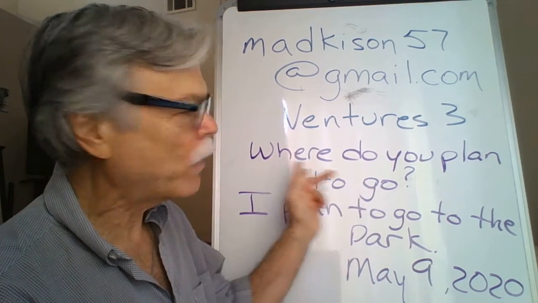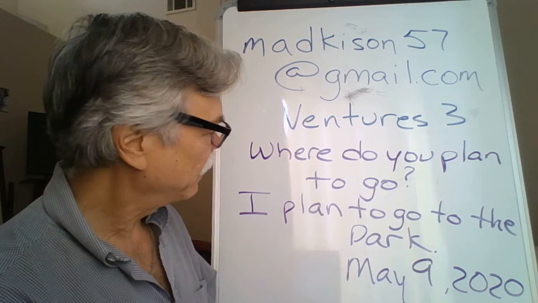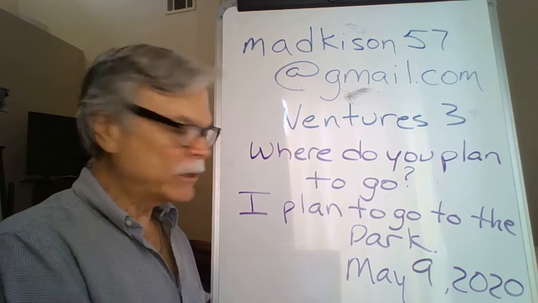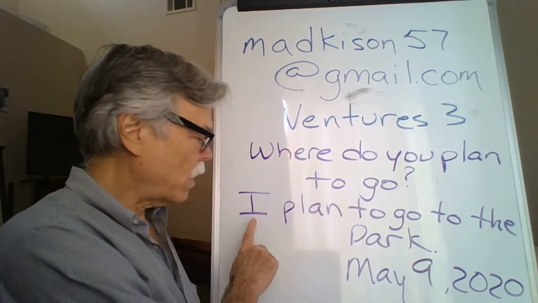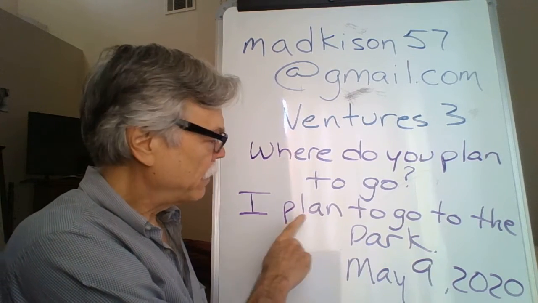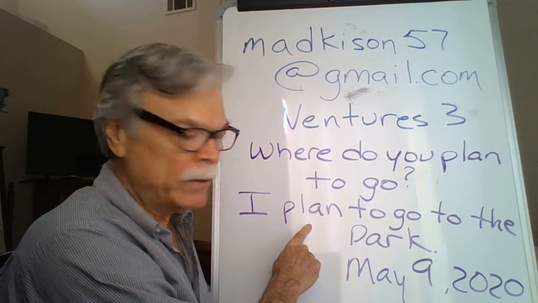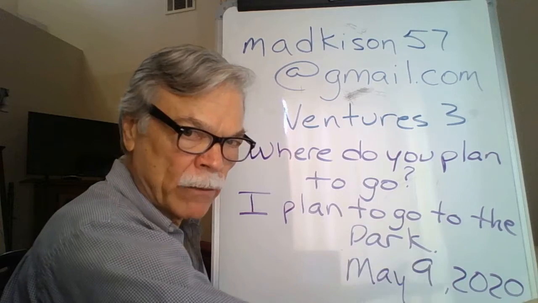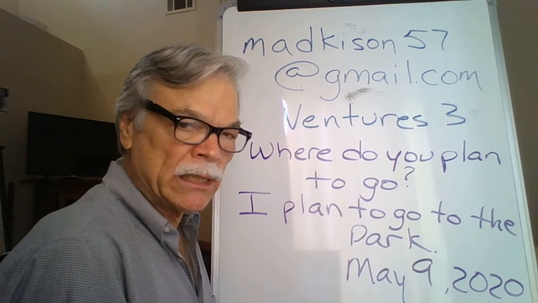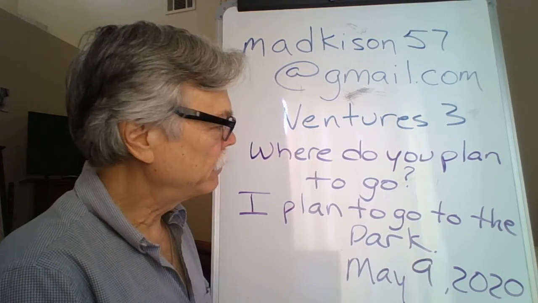So the question would be, where do you plan to go? Then the answer is, I plan to go to the park. So I is the subject, plan is the main verb, and the action that will happen in the future is going somewhere. So you use the infinitive to go.